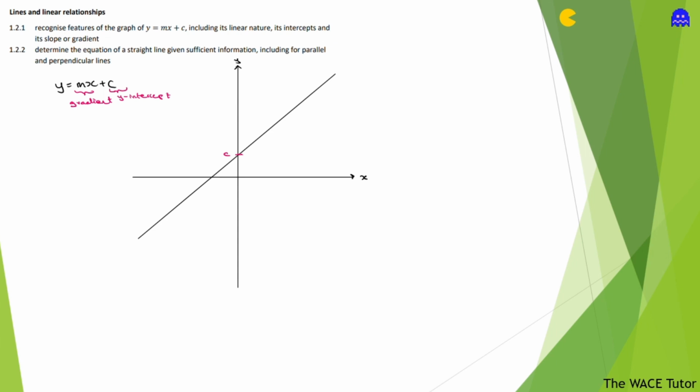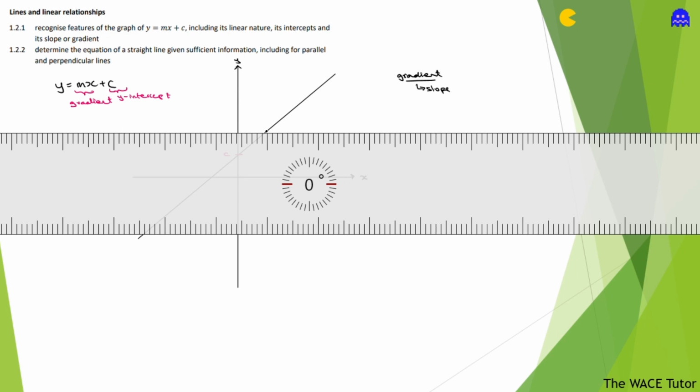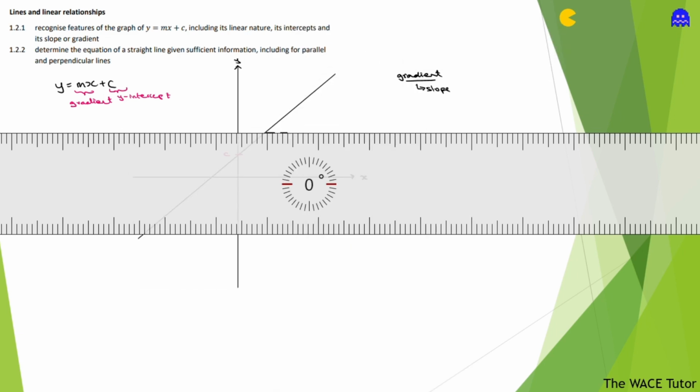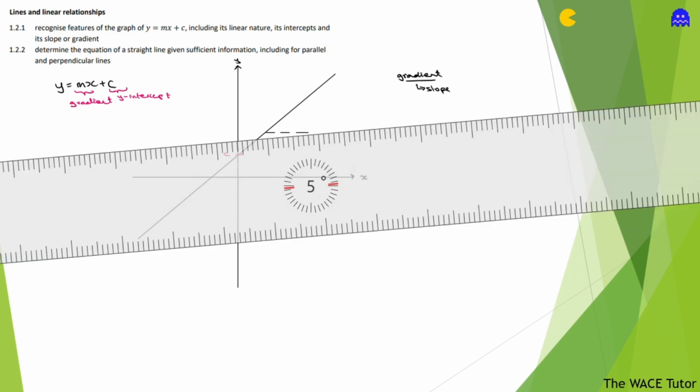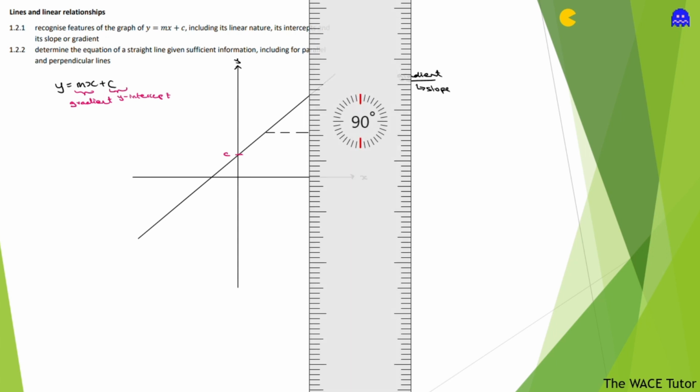When I talk about the gradient, what I mean is the slope of the line. What do I mean by slope of the line? By slope of the line, I mean how much y increases by, for every 1 unit increase of x. And so the way I represent that is what I'm doing right now.